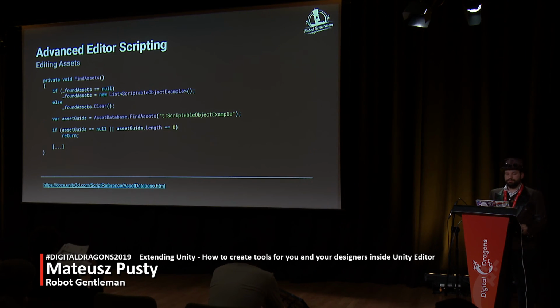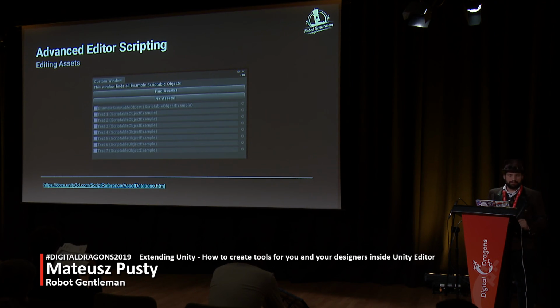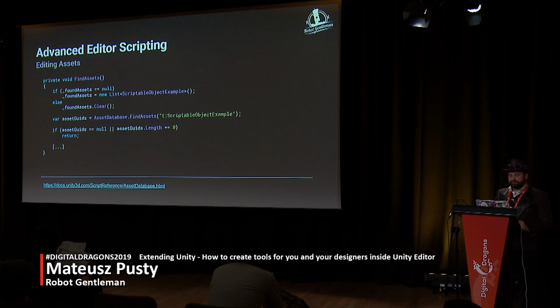And we can do this like that. We have a method called FindAssets. This method is invoked when we press the button Find Assets. It uses the AssetDatabase FindAssets method, and this string value here is basically anything you can put in the search box in your project view.